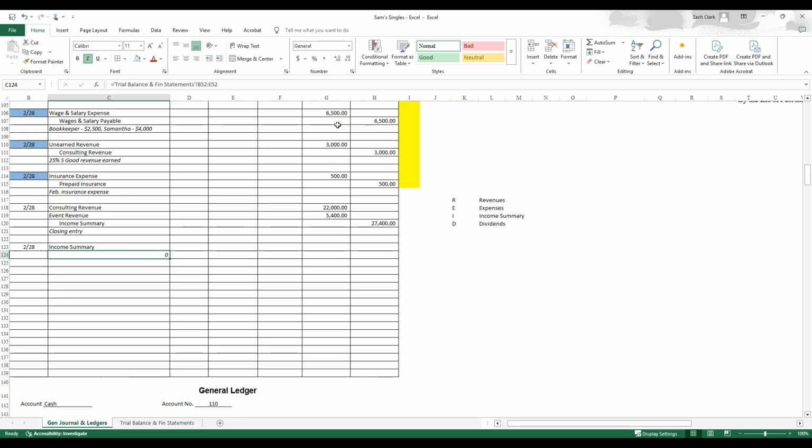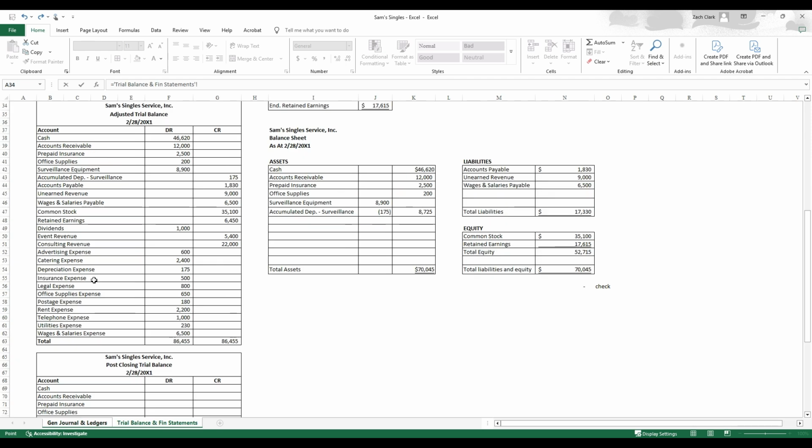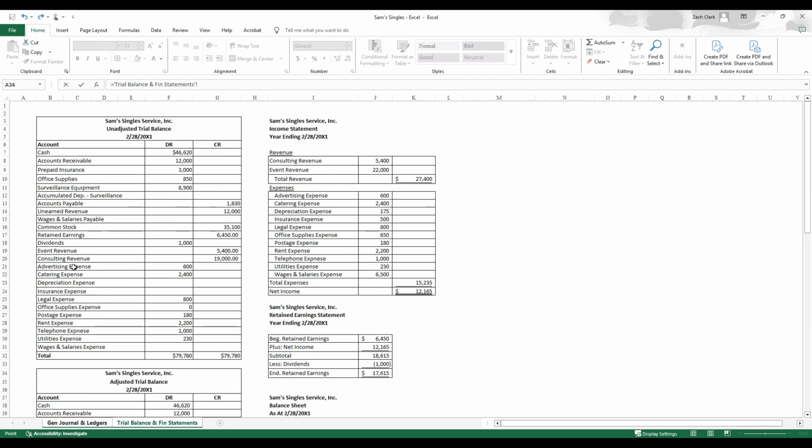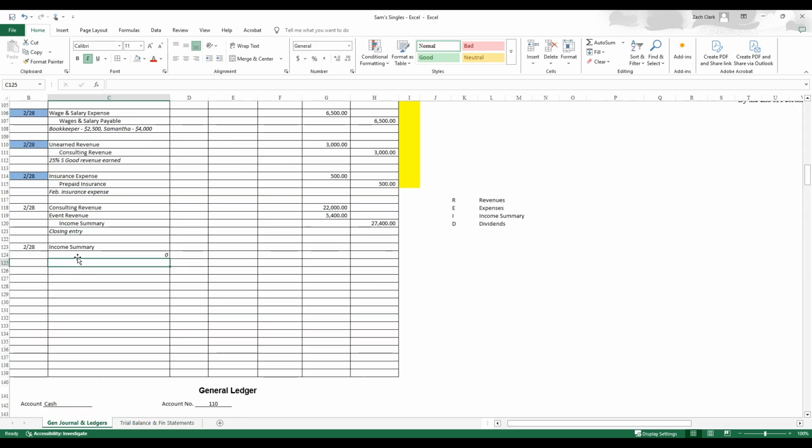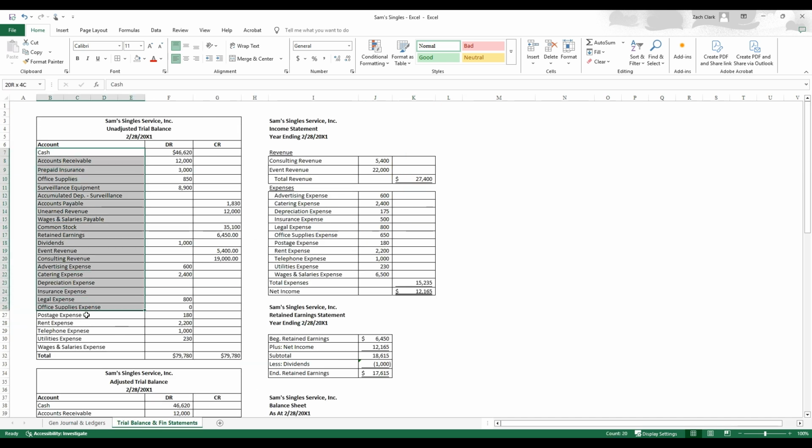So let's just go off our adjusted trial balance and start with our advertising expense. Well, that didn't work. Okay. Why did that not work? It's not like that for some reason. Interesting. Okay, I'm going to do one thing here.